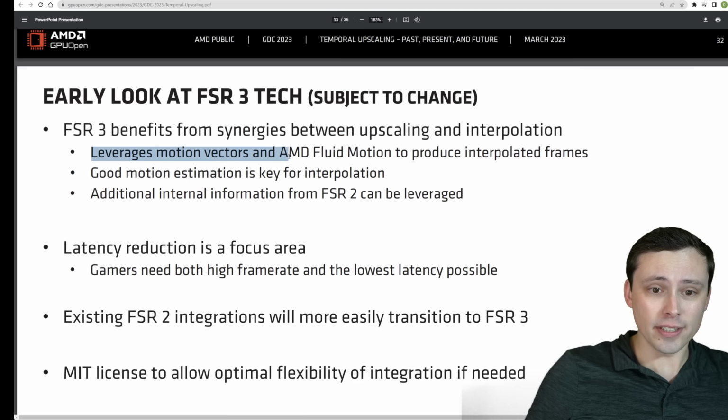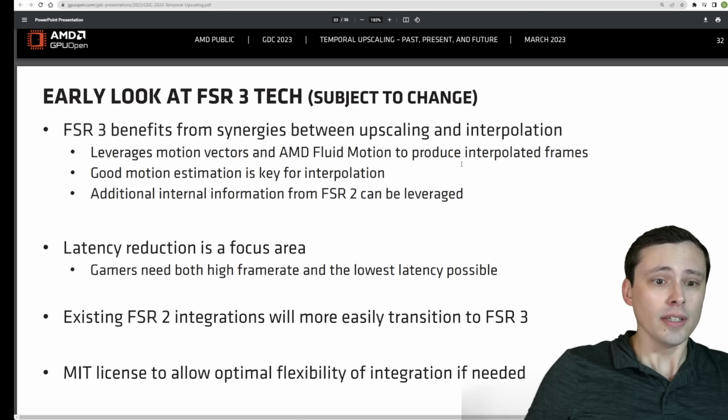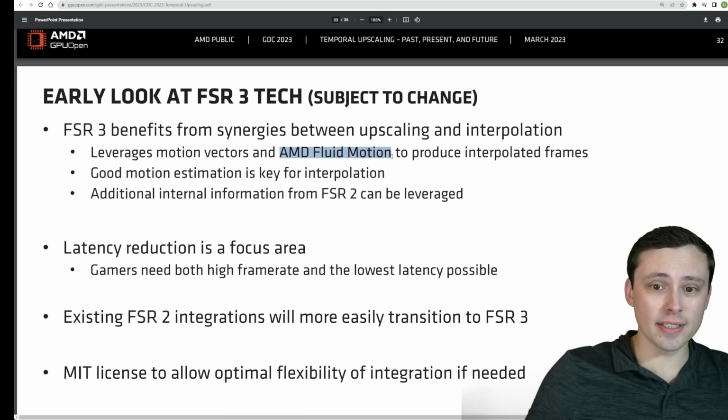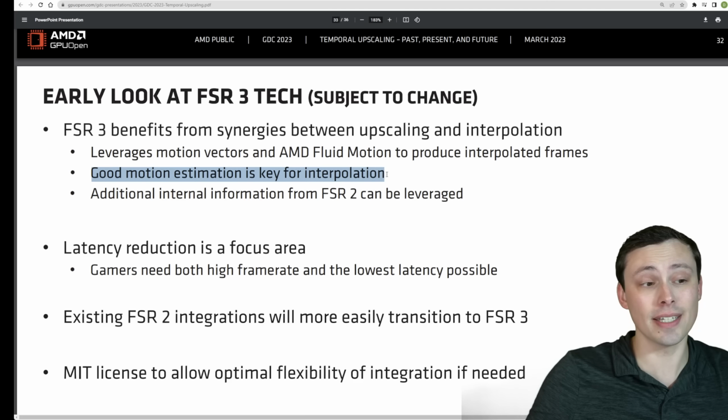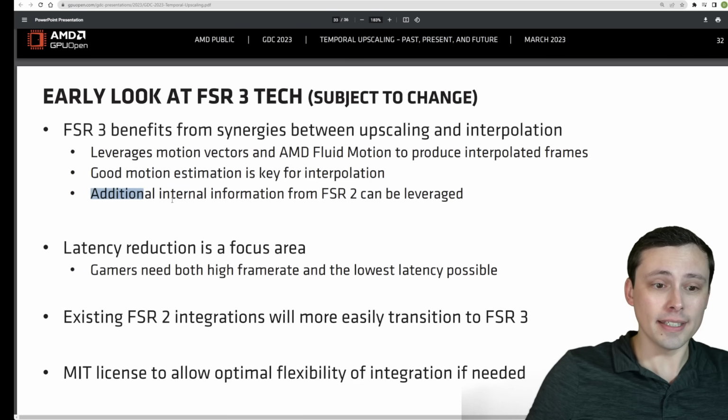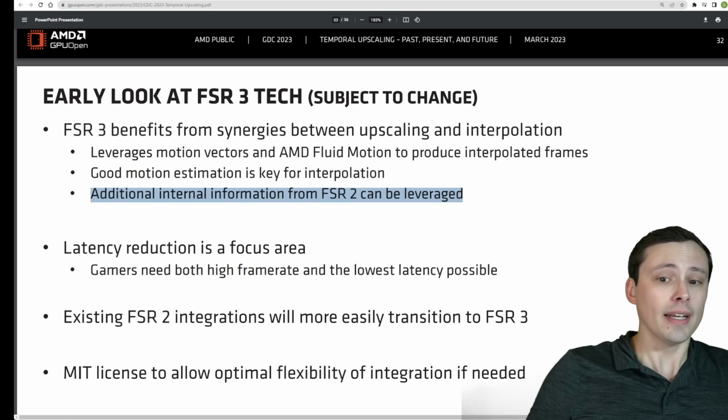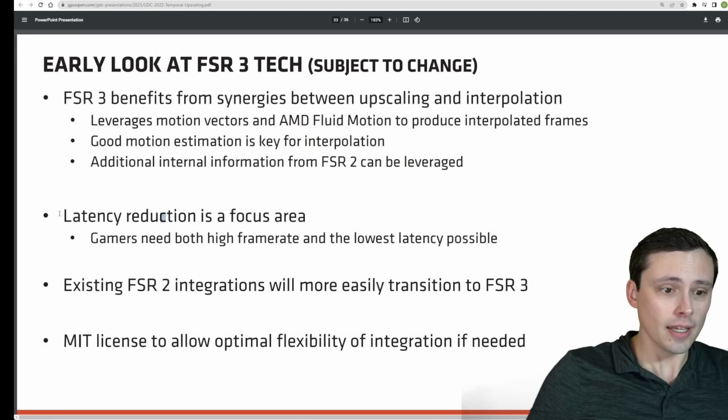It leverages motion vectors and AMD Fluid Motion to produce interpolated frames. So I believe the Fluid Motion there is the interpolation, but then they'll work motion vectors into that. It says good motion estimation is key for interpolation, but that's one of the things that they've said is difficult to do. Additional internal information from FSR2 can be leveraged. So the information they're getting from FSR2 can help them with this process.